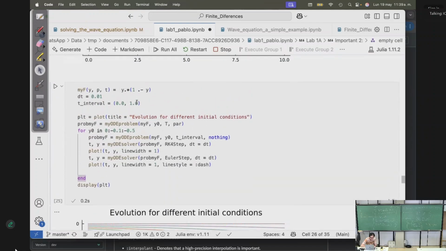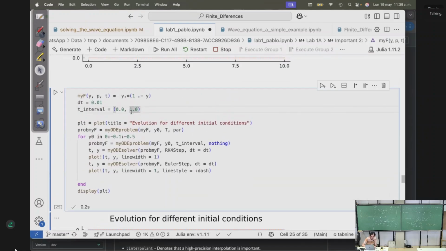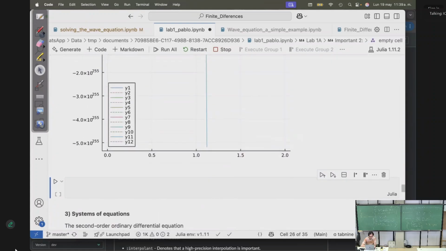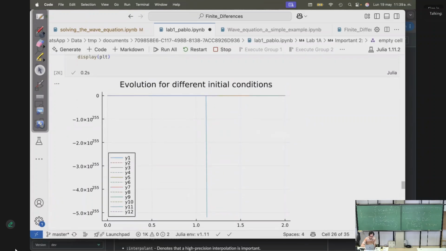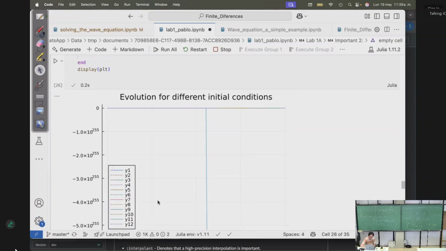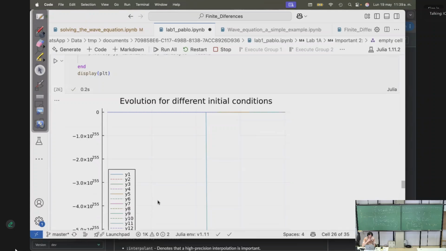But if we try to change this time interval and try something a bit larger, we see that the solution diverges numerically. This is 10 to the 255, so this is a very big blow up of the solution.